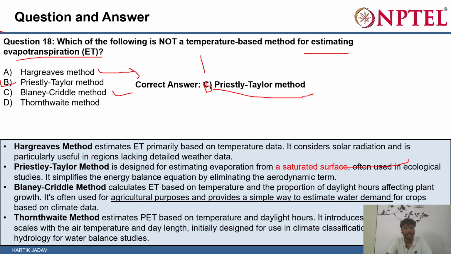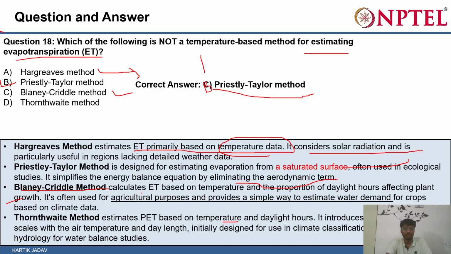It's already highlighted that the Hargreaves method estimates ET primarily based on temperature data, and it considers solar radiation. It's useful in regions lacking detailed weather data. The Priestley-Taylor method uses evaporation from saturated surface and is often used in ecological study, and it simplifies the energy balance equation by eliminating the aerodynamic term. It basically uses radiation data.